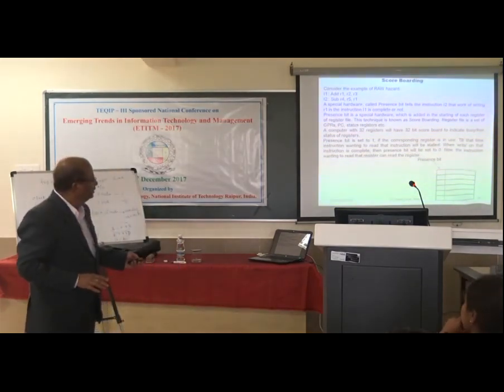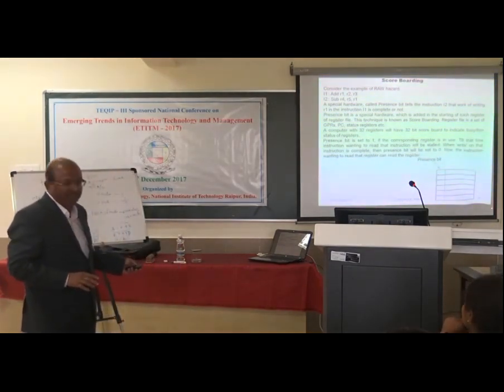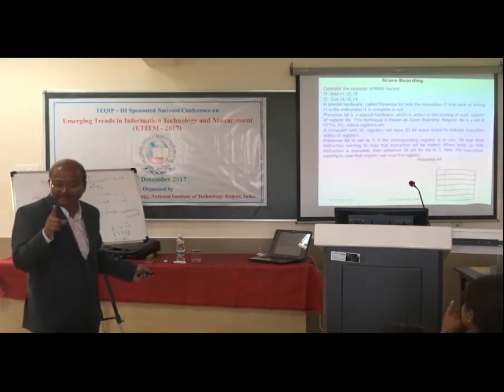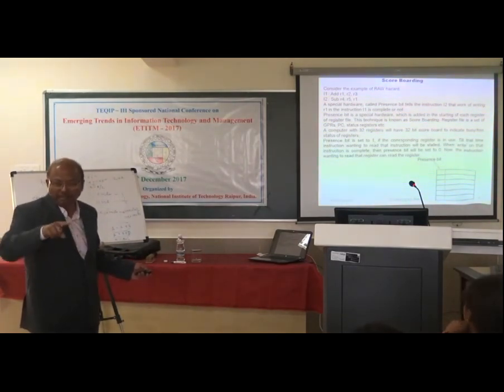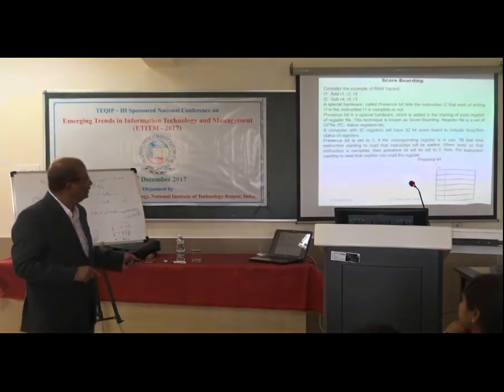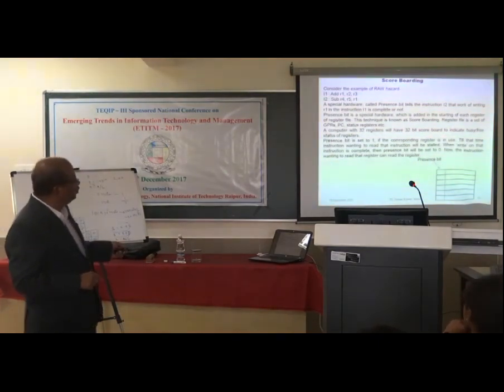So if there are 32 registers, how many extra bits are added? 32, because in the beginning of each register one bit is added. So this is called a 32-bit scoreboard to indicate the busy or free status of registers. The presence bit is set to 1 if the corresponding register is in use.